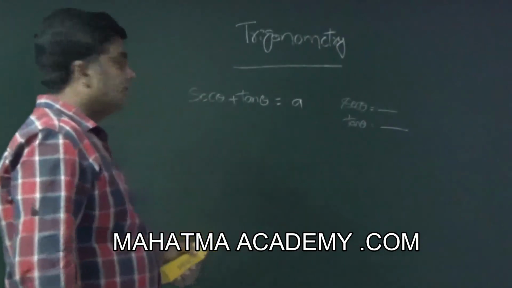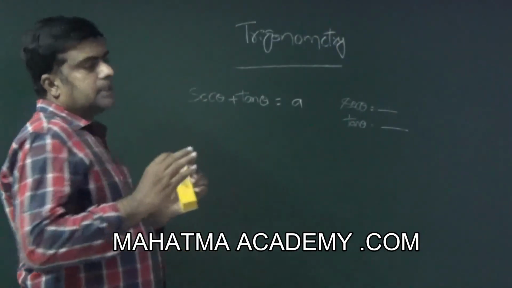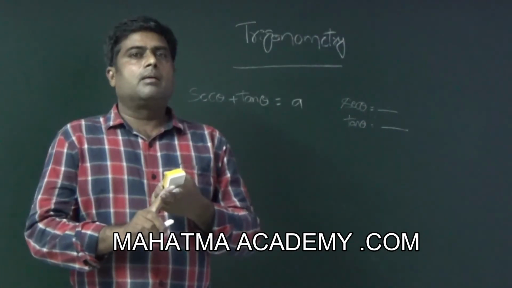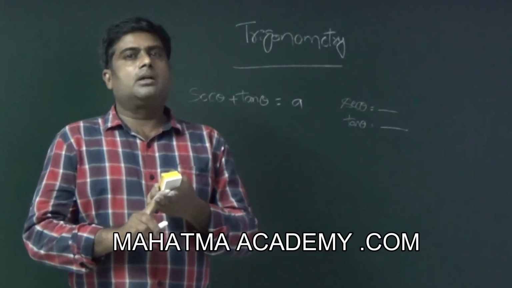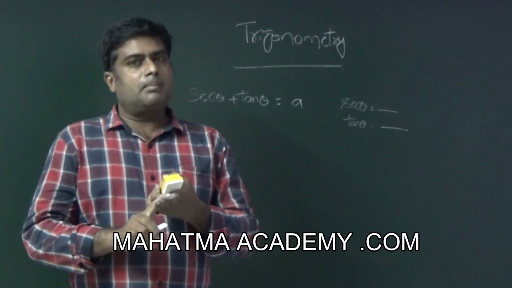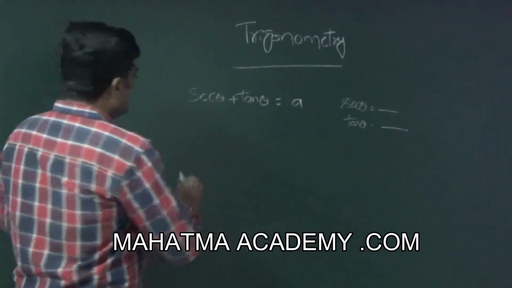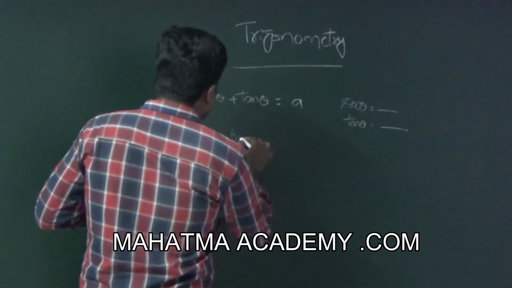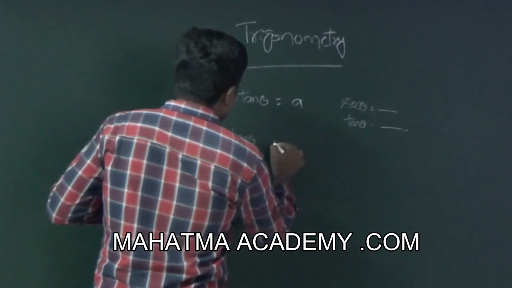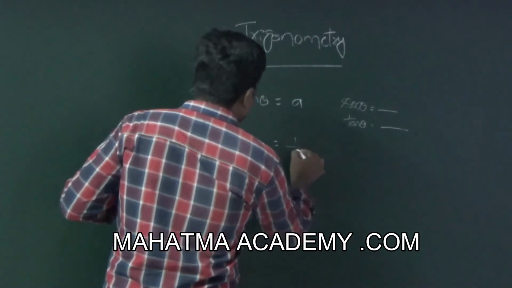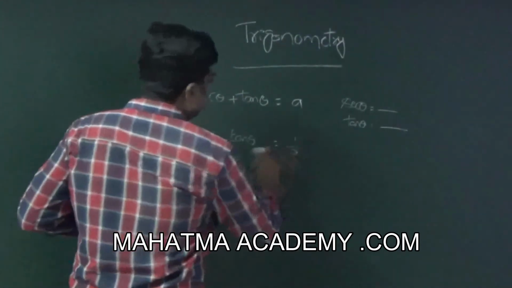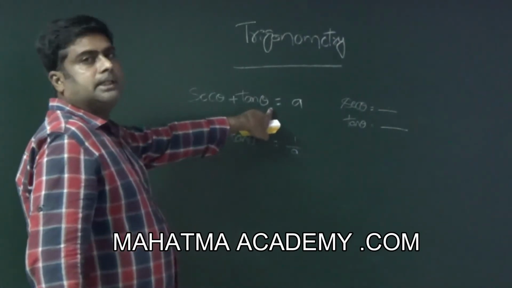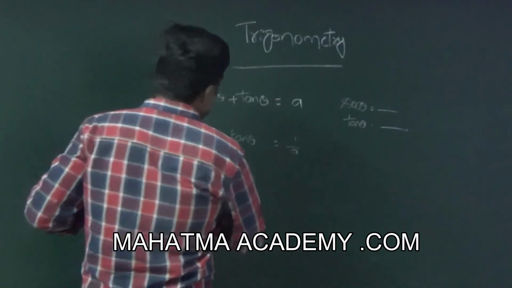We already know secant square theta minus tan square theta equals 1. Secant theta plus tan theta equals 1 upon secant theta minus tan theta. So secant theta minus tan theta equals 1 upon a. Why? Secant theta minus tan theta equals 1 upon secant theta plus tan theta.